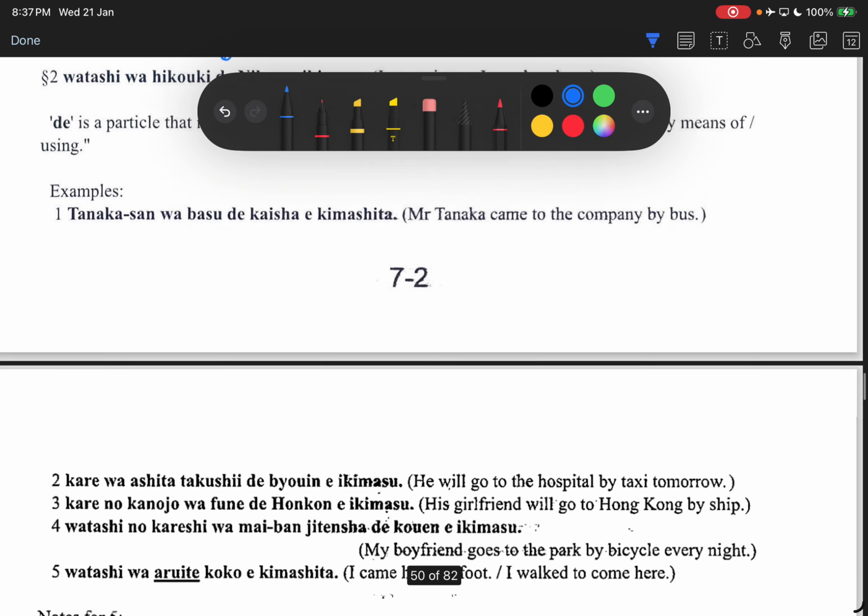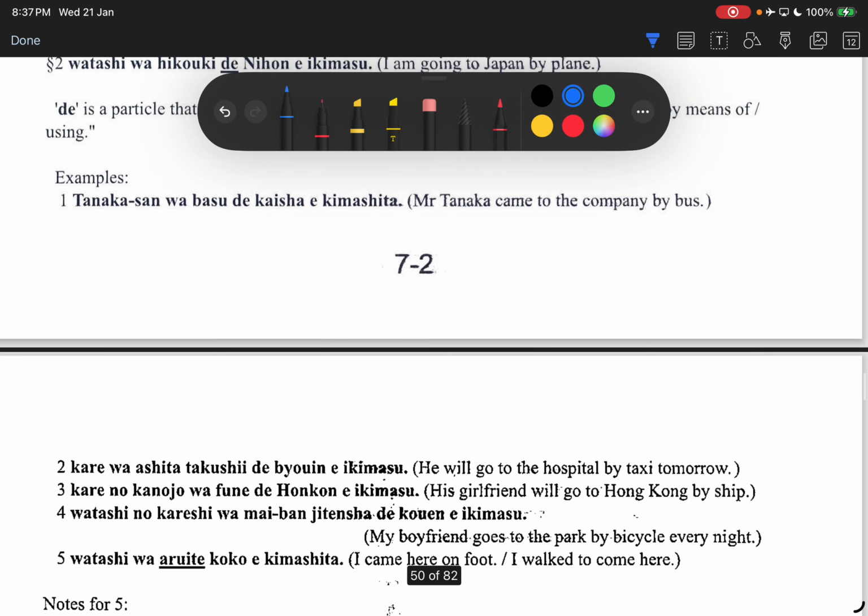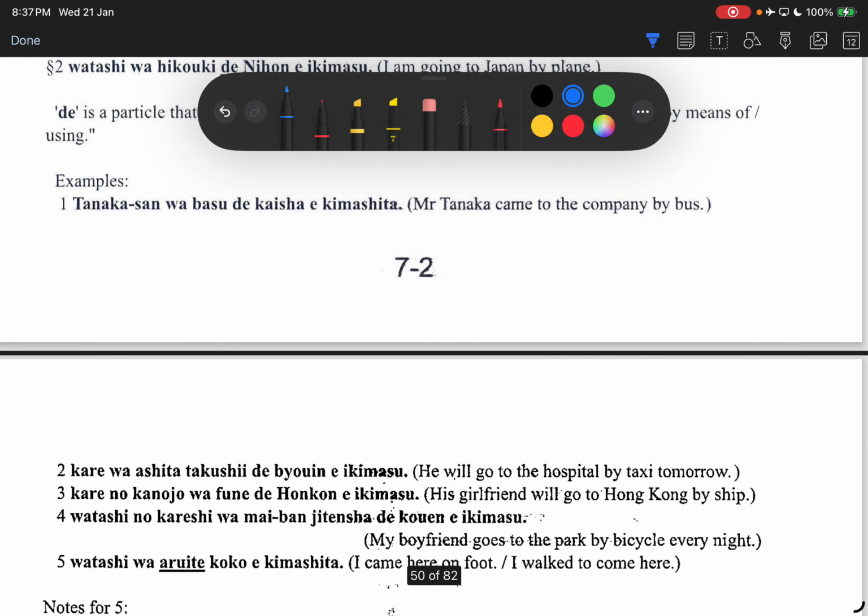Example 1. 田中さんはバスで会社へ来ました。So, by bus came to office. バスで, by bus. 会社へ, to company. 来ました, came. So, came to office by bus.